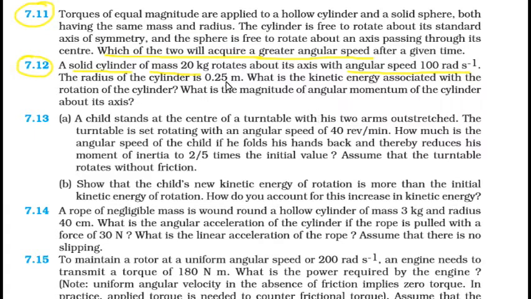The radius of the cylinder is 0.25 meter. What is the kinetic energy associated with the rotation of the cylinder? What is the magnitude of angular momentum of the cylinder about its axis? So let us see how to solve this one.